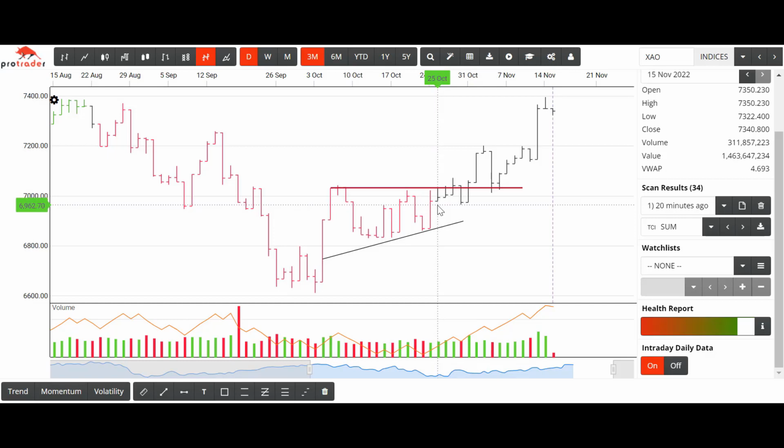Now, on the 25th of October, through pure mathematics, the trend changed. But we have to have 21 days to establish whether or not that trend is going to continue. So far on the All Ords, we have 1, 2, 3, 4, 5, 6, 7, 8, 9, 10, 11, 12, 13, 14. We have 16 days starting to establish this upward trend.